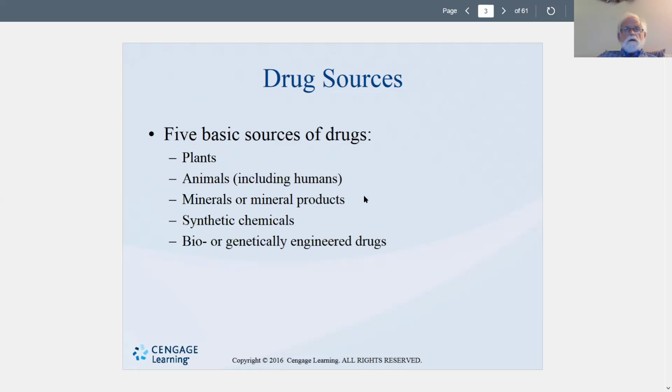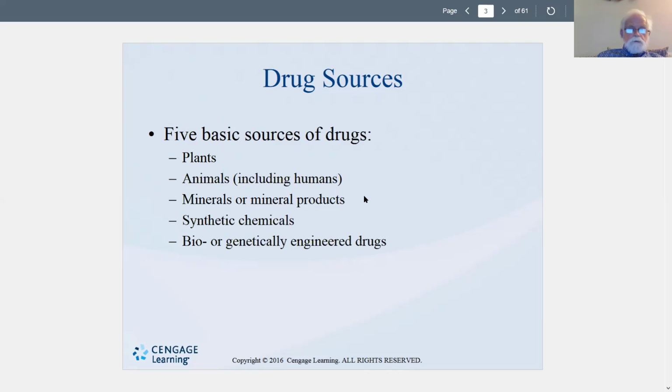Minerals, we still take it. If people have anemia, they take iron. That's a mineral. We often take calcium and zinc and magnesium and other things as supplements, but nonetheless, they are an important part of our world of drugs.